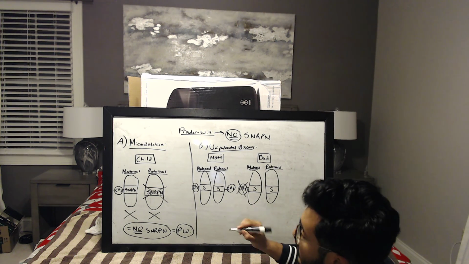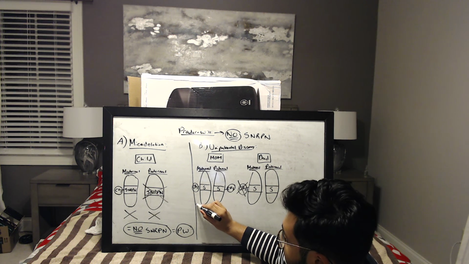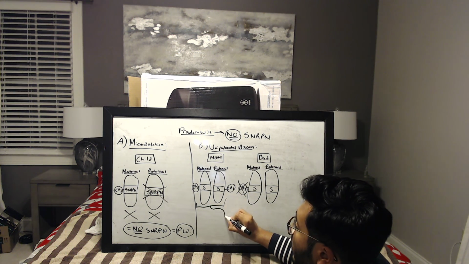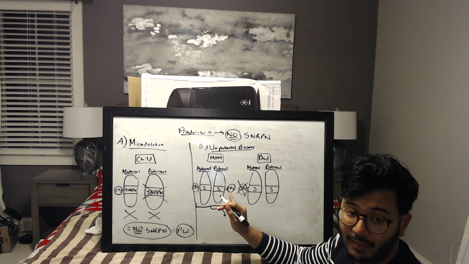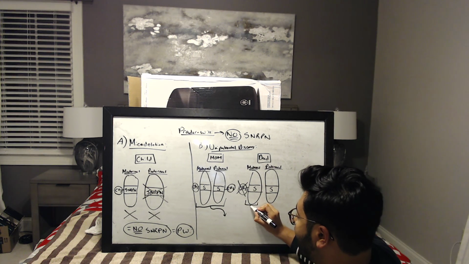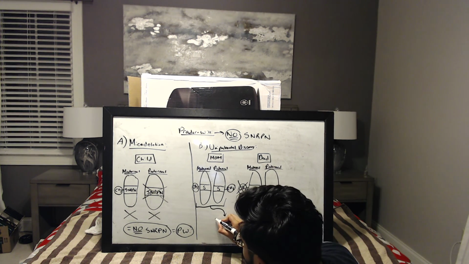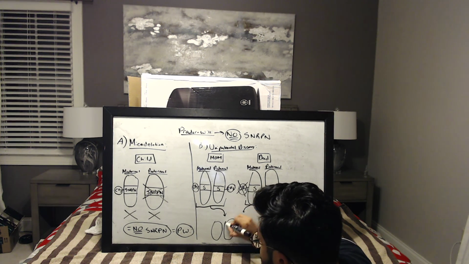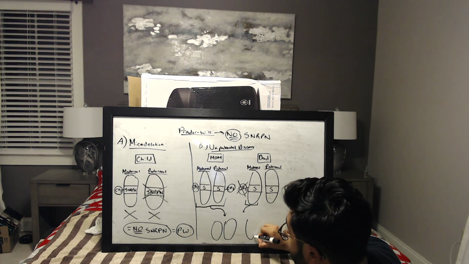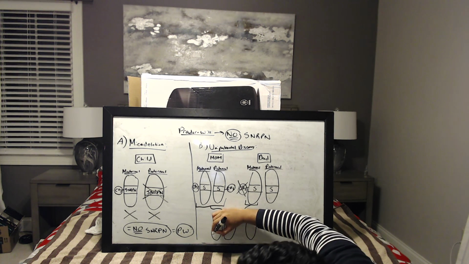So in uniparental disomy, basically what you get is a kid who has 2 copies from the mom and 1 copy from the dad, and they end up with 3 copies of the SNRPN gene. And you might say 2, but we'll get to it in a second. Let's just take a look at this. They have 3 copies of the SNRPN gene.